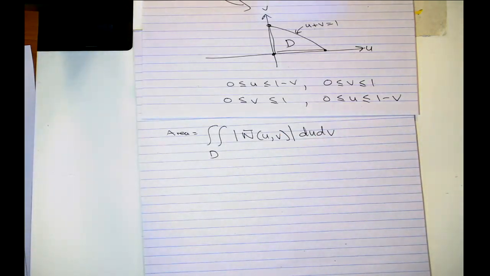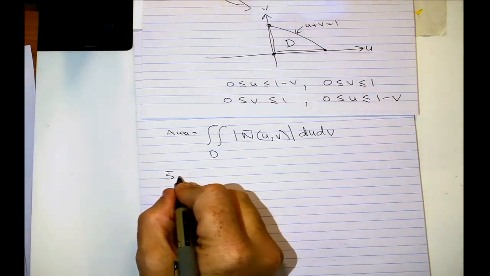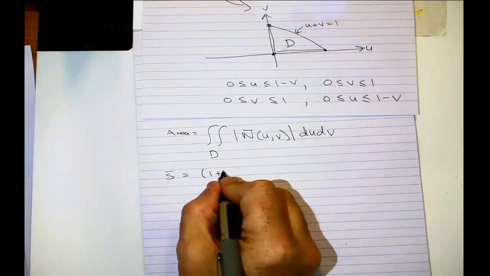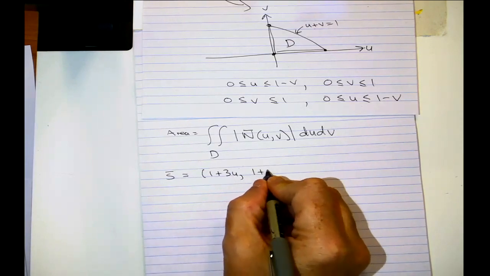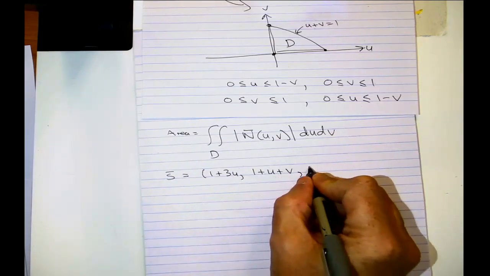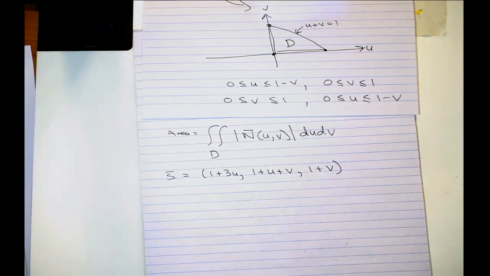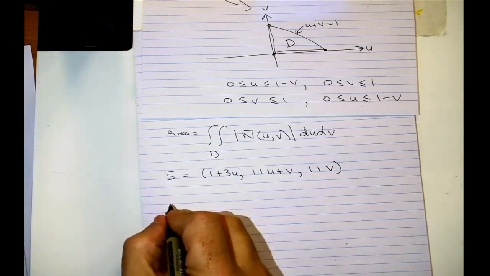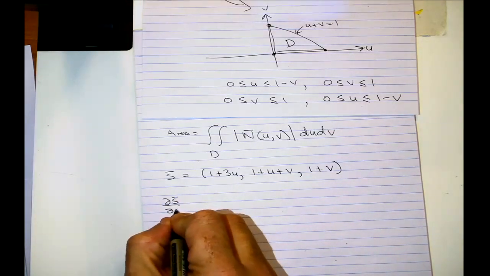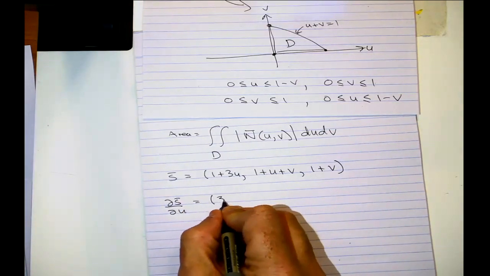That's what the formula is telling me. Right? So I need now to construct a normal vector. And so I've found that S was 1 plus 3u, 1 plus u plus v. Now at this stage you're probably thinking, there's no way this is easier. Bear with me. I need the two tangent vectors.